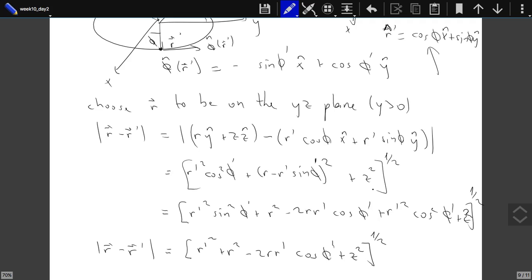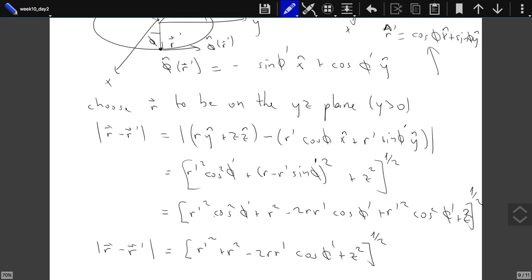Do you agree? The first is the square of the x component of that vector, which is r prime cosine phi prime. The second is the square of the y component, which is r minus r prime sine phi prime, squared. And the last one is the square of the z component, that is z squared. Now let me make the corrections over here.